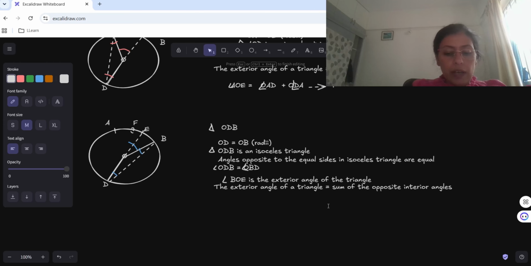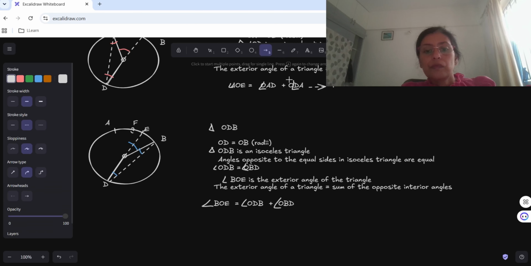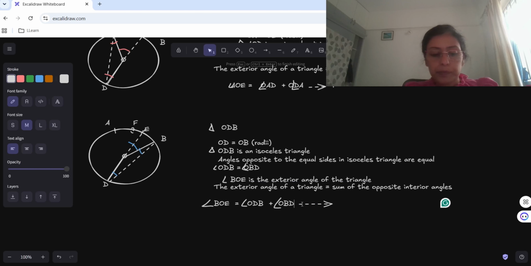So angle BOE will be the sum of ODB plus OBD. And I'll say this is the second one.